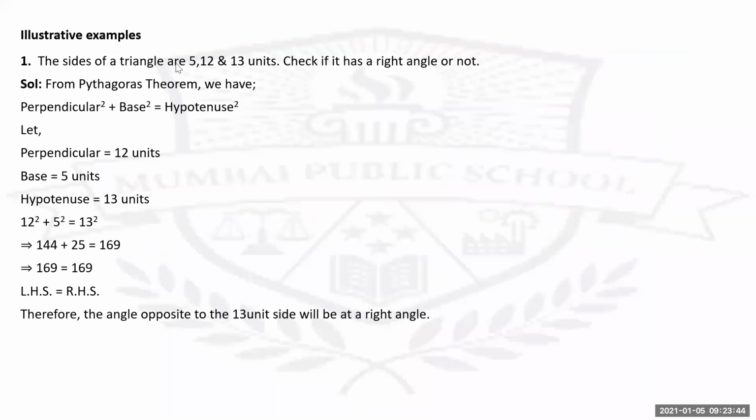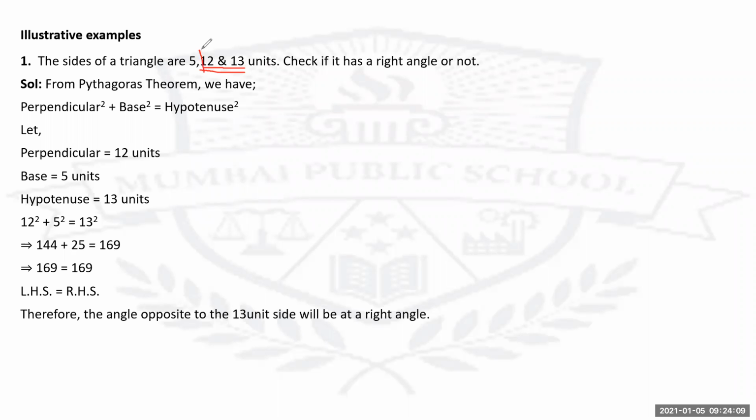Now check. Very simple question. The sides of the triangle are 5, 12, and 13 units. Check if it has a right angle or not. Okay, so now see, I've shown you one slide where the numbers come one after the other, and 5 is one of the numbers in that.